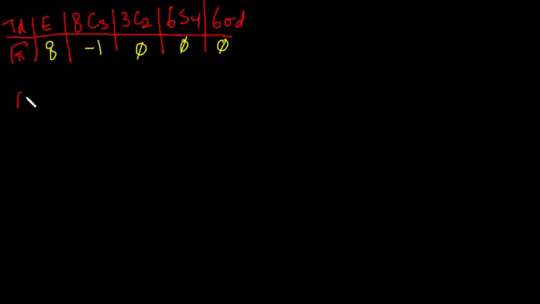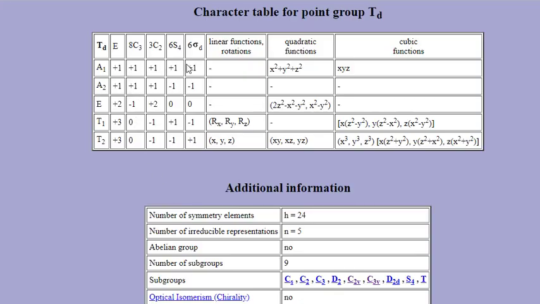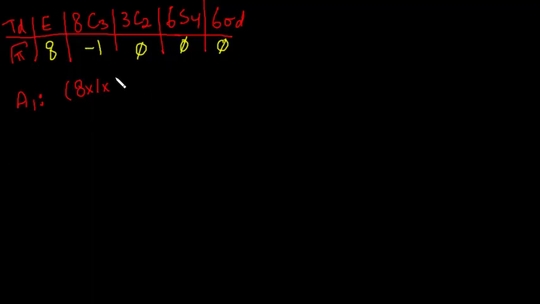For A1, we would have 8 for the reducible representation number times the coefficient here is 1, and in the table the character is 1, so it's +1 for all of them in the A1. And then we have -1 times the coefficient here is 8 times +1, that is the character in the table, and the following 3 are all going to be zeros.